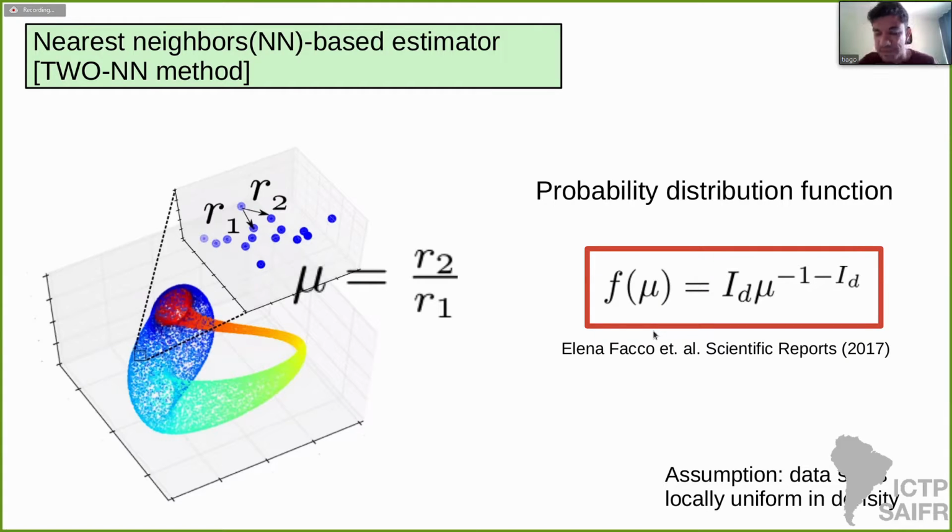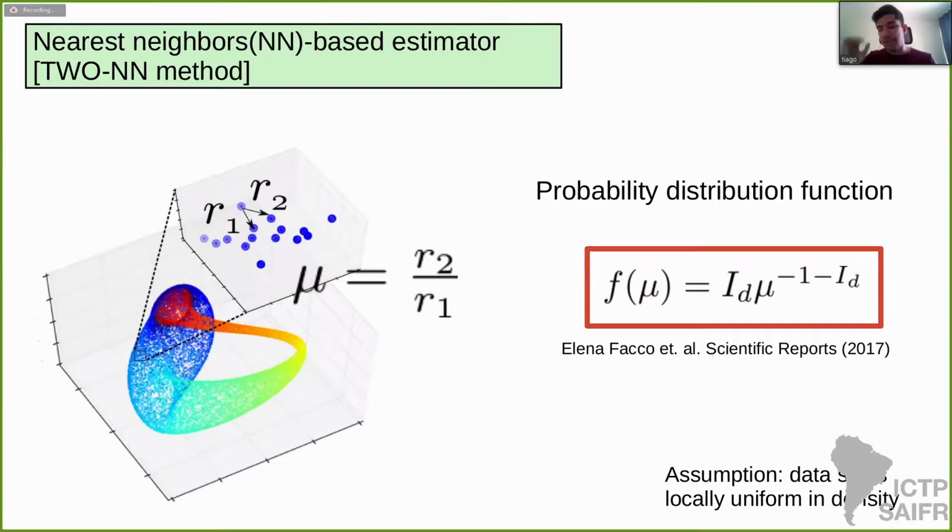I won't explain how to derive this equation, but one can show that under certain conditions, the probability distribution of this quantity mu, the ratio of the second and the first nearest neighbor distance, is a function of the intrinsic dimension.